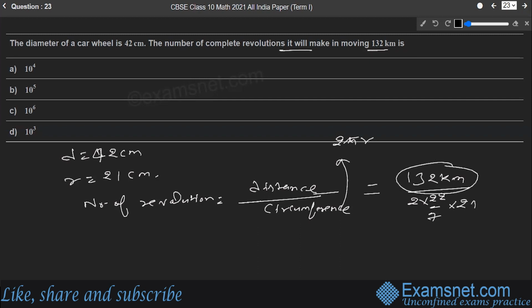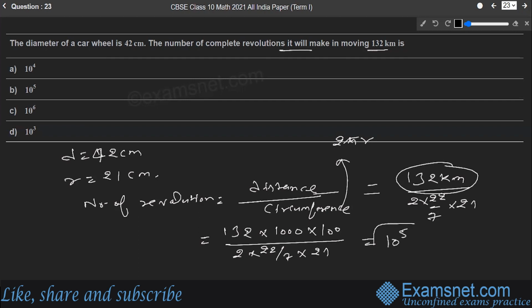We have to convert the 132 kilometer into centimeters, so we write 132 into 1000 meters per kilometer into 100 centimeters per meter, divided by 2 into 22 by 7 into 21. If we solve this further, we reach the final value of 10 to the power 5. So the car wheel has to take this many revolutions for covering 132 kilometers. 10 to the power 5 is the right answer, available in option number B.